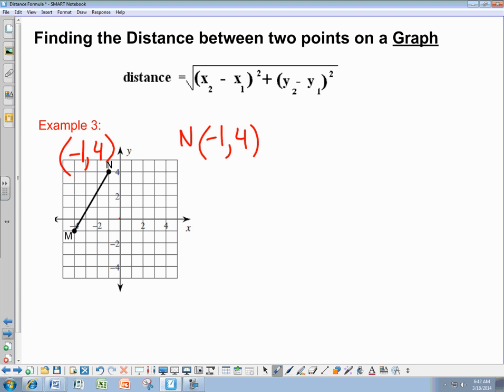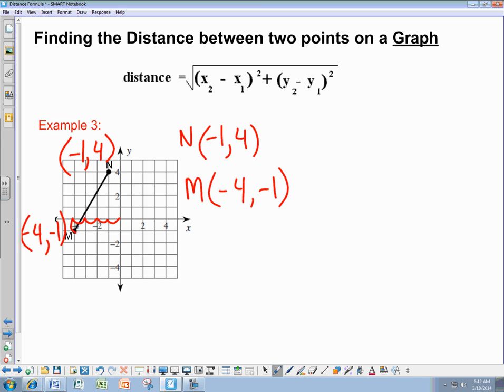M is at 1, 2, 3, 4, negative 4 for the x value, and negative 1, because it's 1 down, for the y value. So that's negative 4, negative 1 for the location of M.